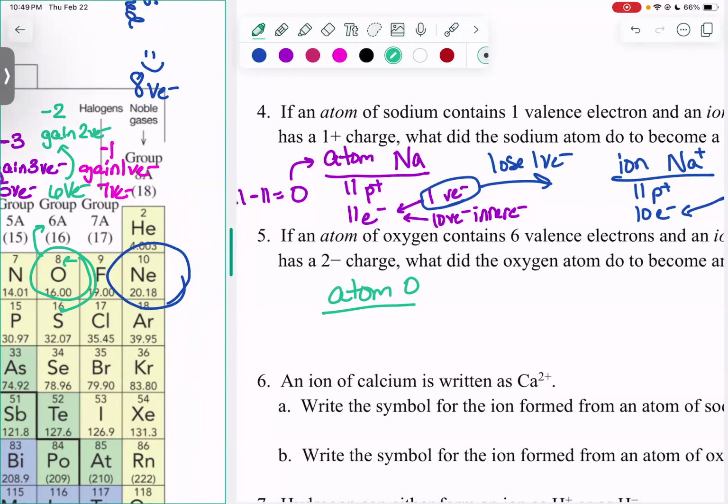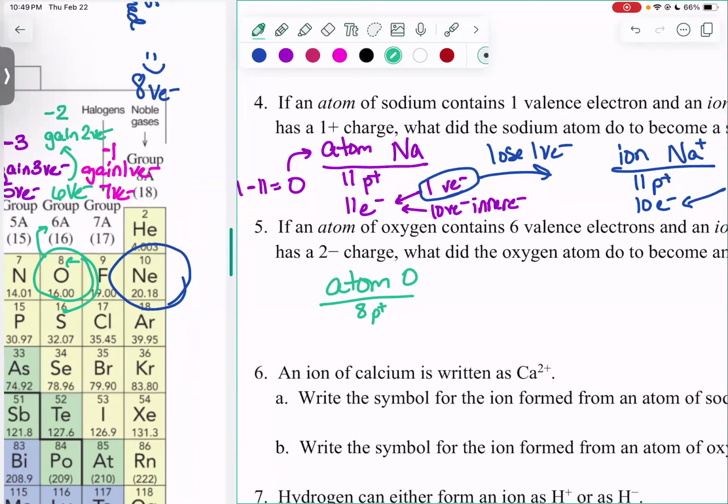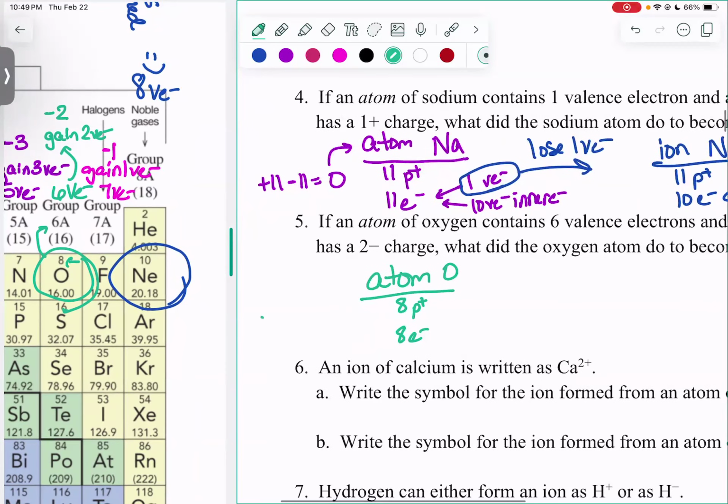What does this 8 up here mean? This 8 tells me I have 8 protons. If I have 8 protons and I'm in a neutral atom, I must have 8 electrons. So if I have a positive 8 and a negative 8, my net charge in the whole atom is 0. And that makes it a neutral atom.